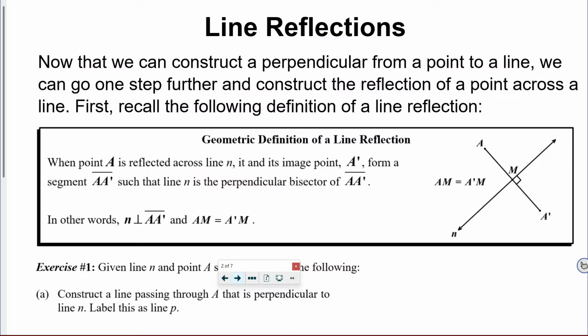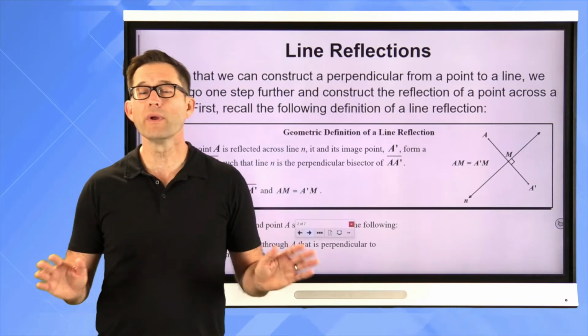The geometric definition of a line reflection: when point A is reflected across line N, it and its image point, A', form a segment AA' such that the line N is the perpendicular bisector of segment AA'. In other words, N, the line of reflection, is perpendicular to the segment AA', and AM is the same length or equal to A'M. All right, so real simple, right?